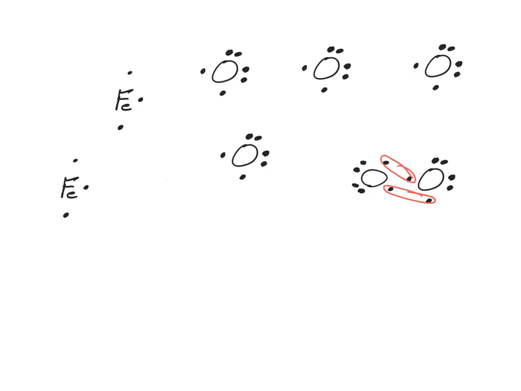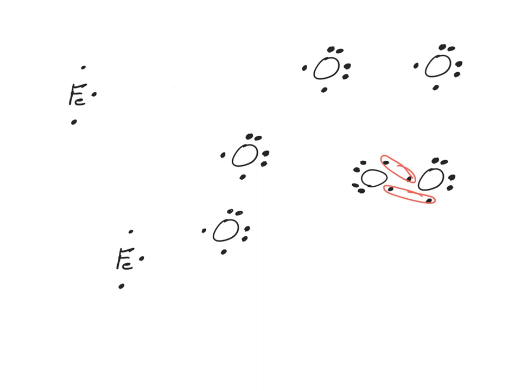It's a complicated discussion I don't want to have right now, but what will happen is that this iron's going to give 2 of its electrons to an oxygen, but then that leaves you with 1 that needs to be gotten rid of.